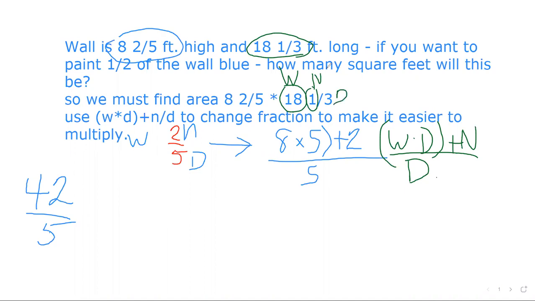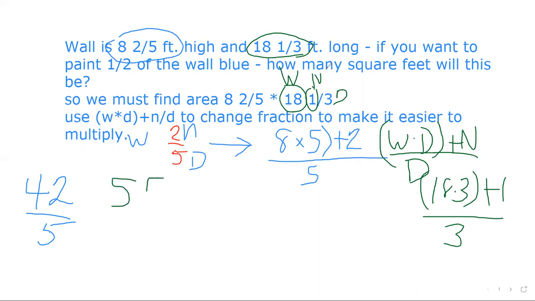So I'm going to have 18 times 3 plus 1 over 3. So 18 times 3, that gives me 54. 54 plus 1 is 55. And here's the 3. And again, this is like saying 54 plus 1. That's where I get the 55.